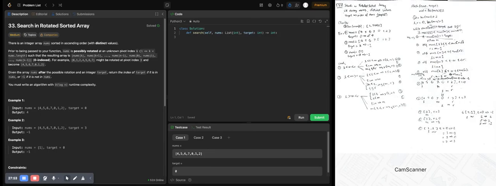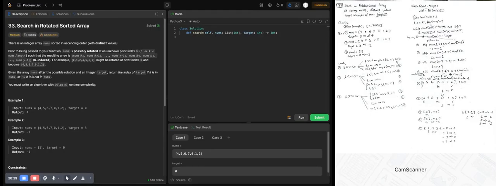So if we look at condition 2, this is the example where we need to decide whether to go to the first half or the second half, yes.